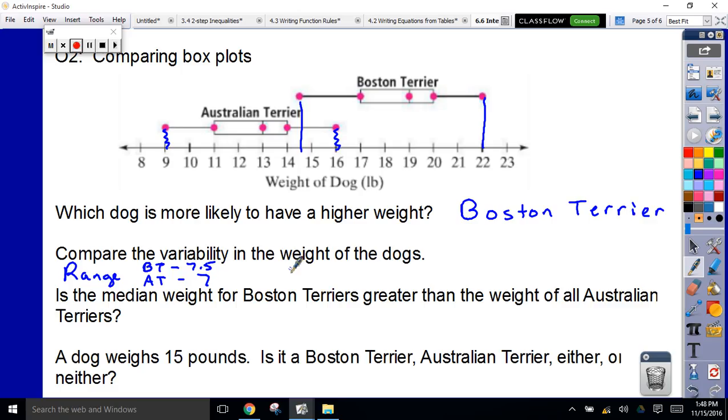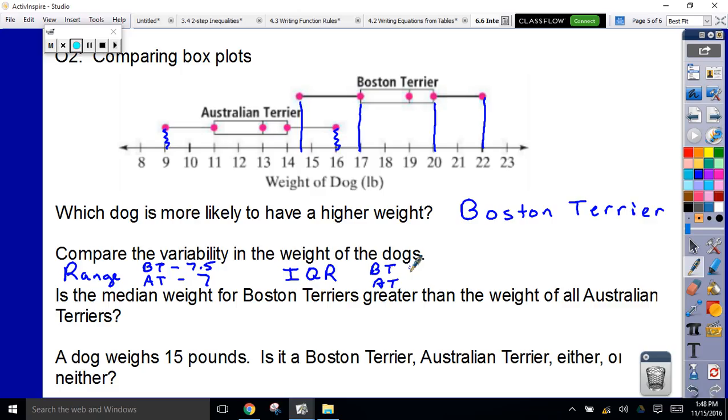What about if we do the IQR, or the interquartile range? Let's compare those. For the Boston Terrier, the interquartile range is from 17 to 20. So Travis, what's the interquartile range for the Boston Terrier? How far is it from here? It's from 17 to 20. So how far is that? 3.